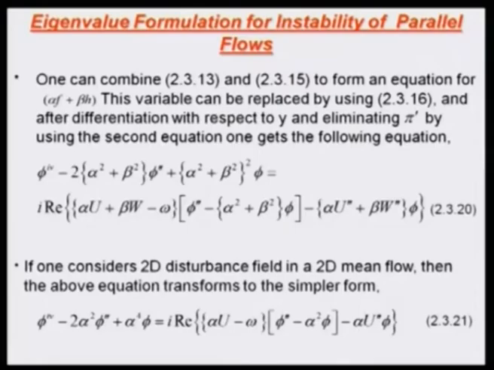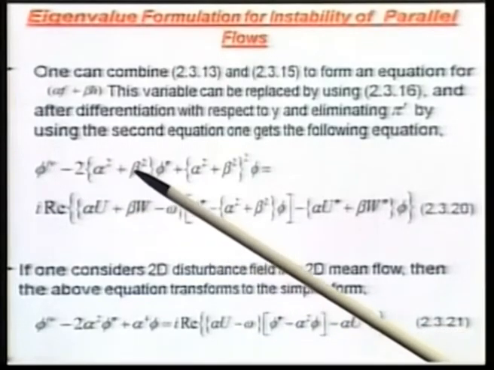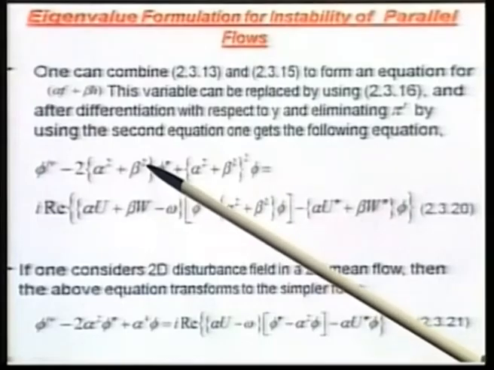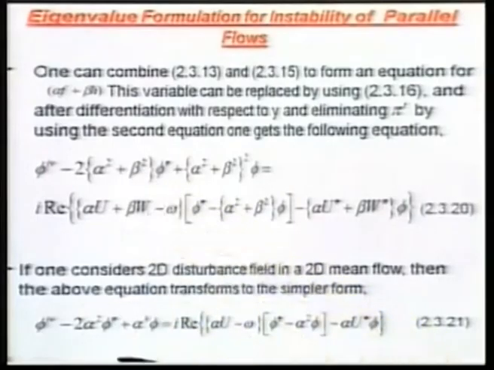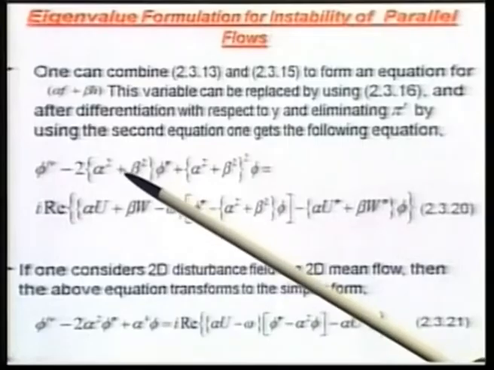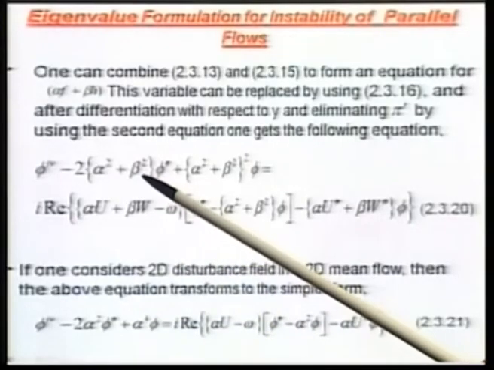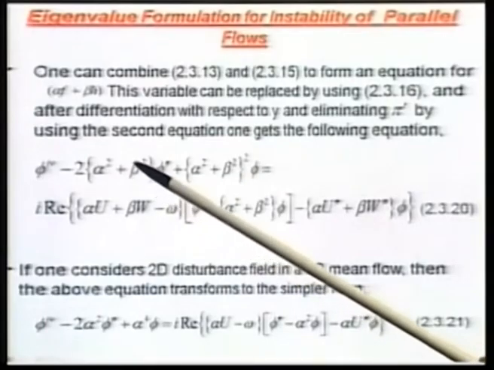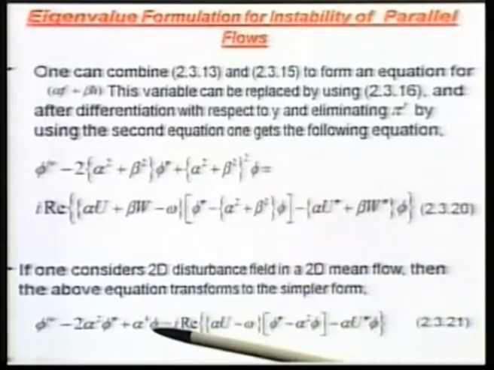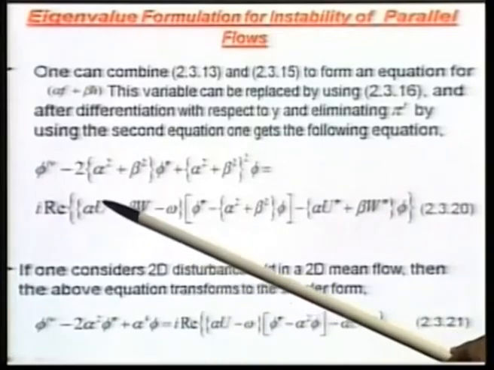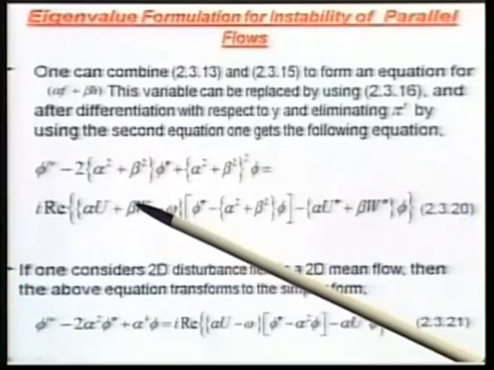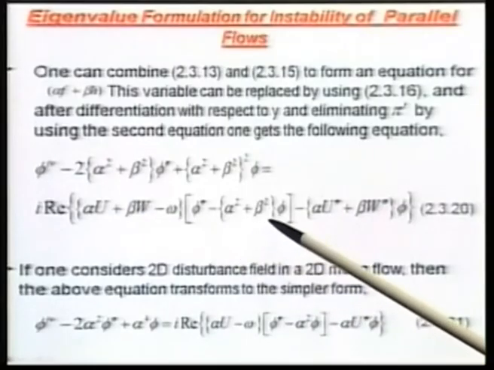So, this becomes phi 4 minus 2 alpha tilde square, and you can see there is a commonality between that term and this term. Only thing is, instead of writing alpha square here, I have replaced alpha square plus beta square by alpha tilde square, and the same way this will also happen. And on this side, this term only survives, this goes away. This is alpha tilde square once again.